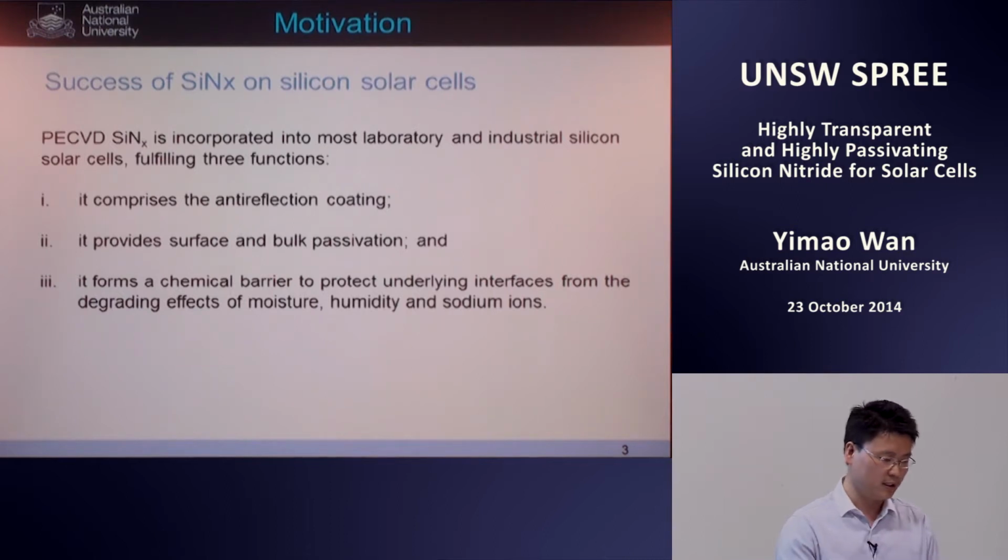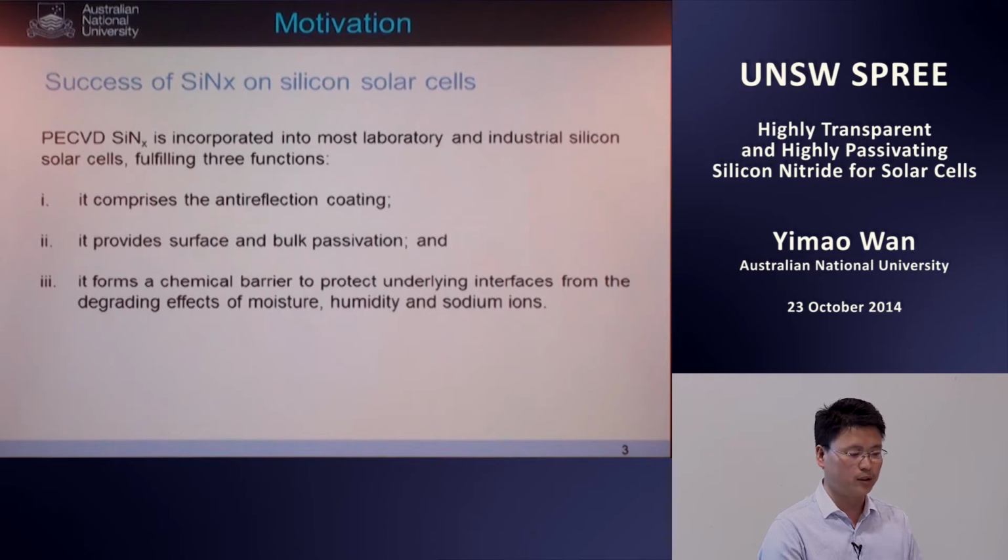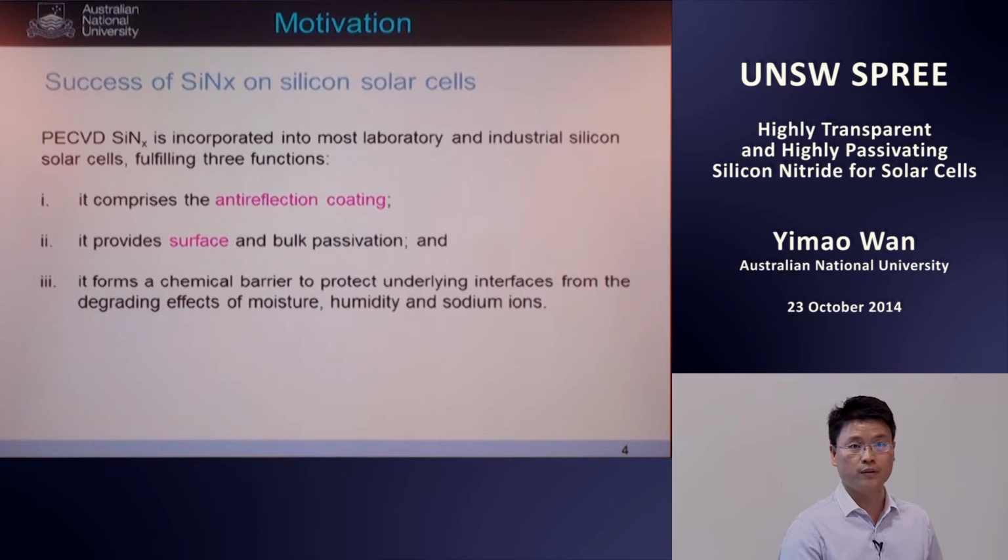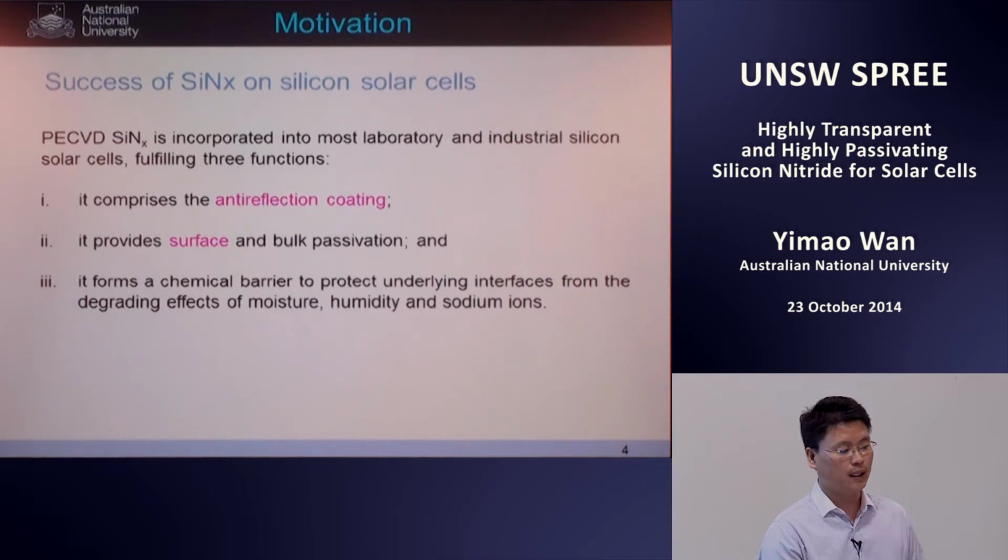It also forms a chemical barrier against moisture, humidity, or sodium ions. In this talk, I will focus on the anti-reflection coating and the surface passivation property. That means most of my study will focus on the optical property of silicon nitride and also the surface passivation property.